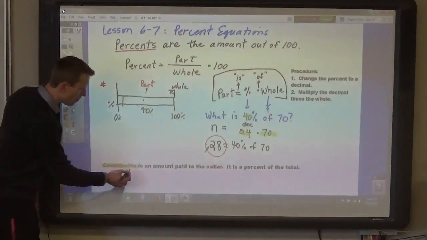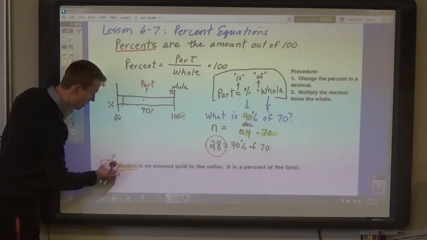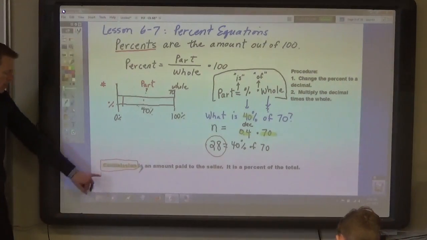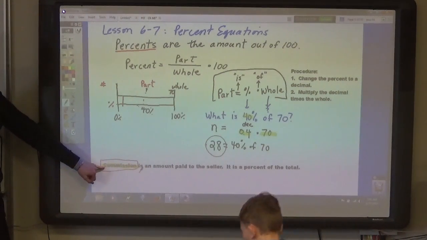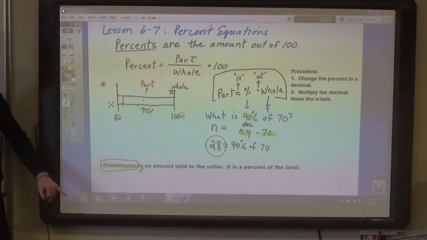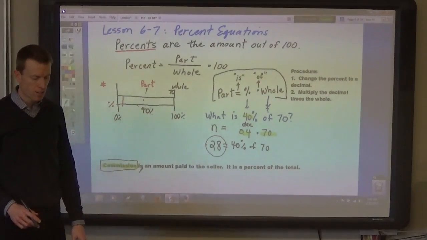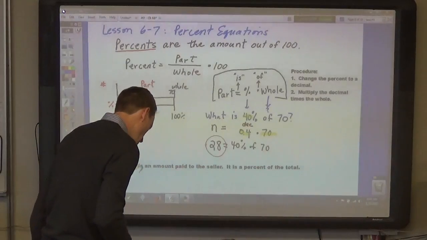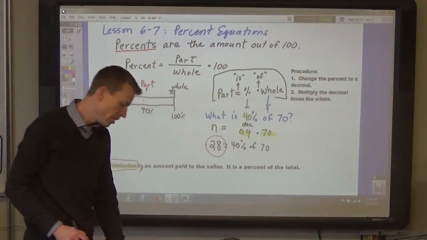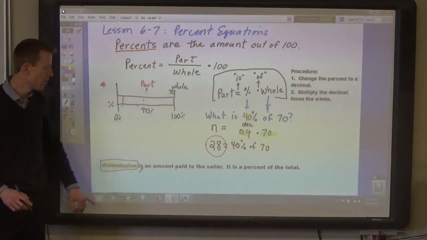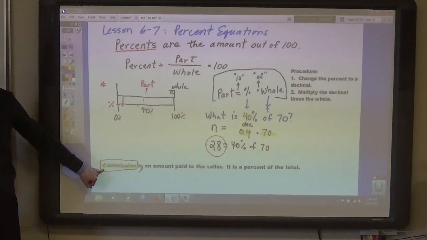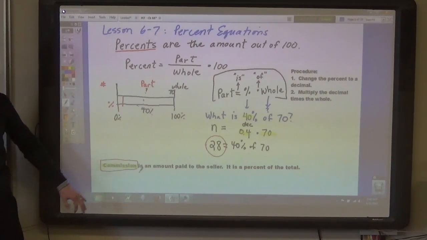Now, one of the applications of this is commission. Find commission. It's one of the questions in your book, but it's a term that I want you to learn. Some people are paid based on commission.